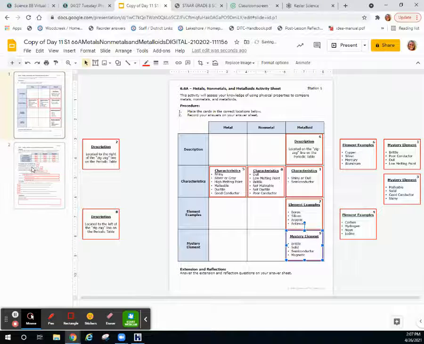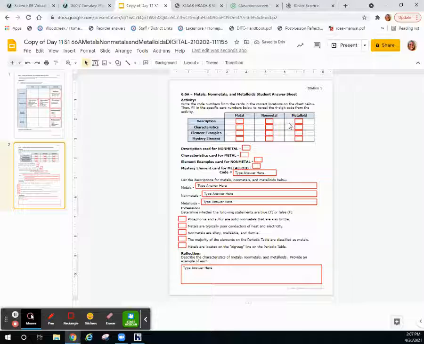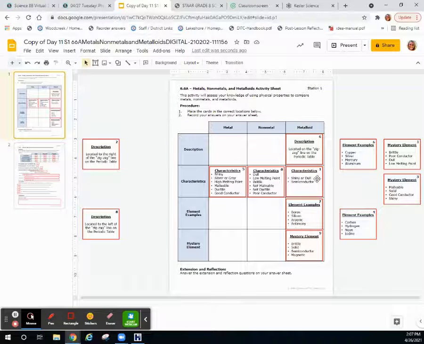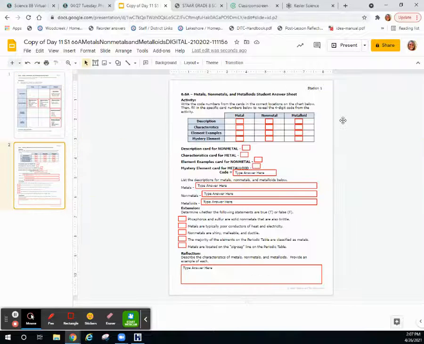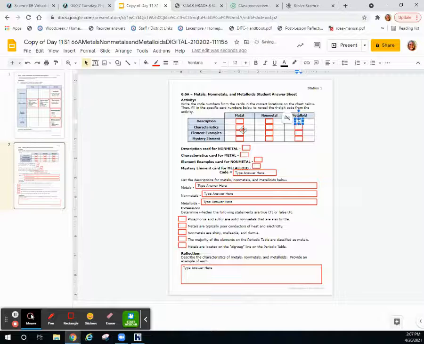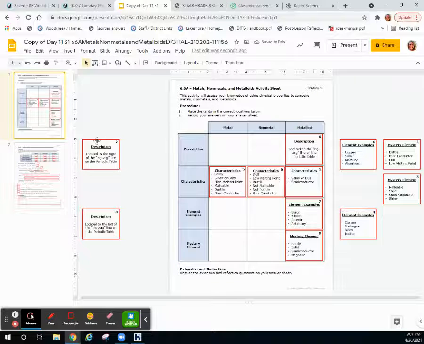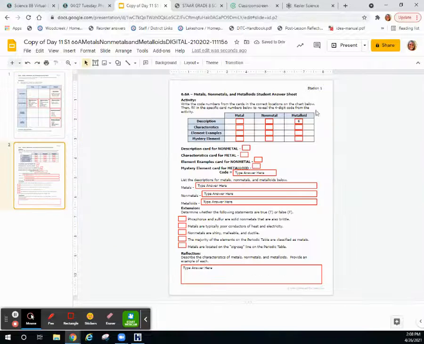Then when you go to transfer this to your activity sheet, you're going to write the numbers here. So metalloid is 6179, all in that upper right corner. So I'm going to put a 6 here, and then it was a 179. 6179.